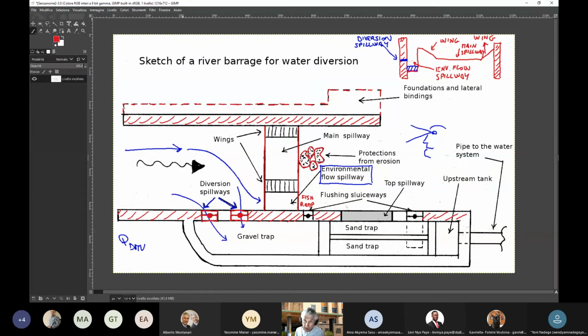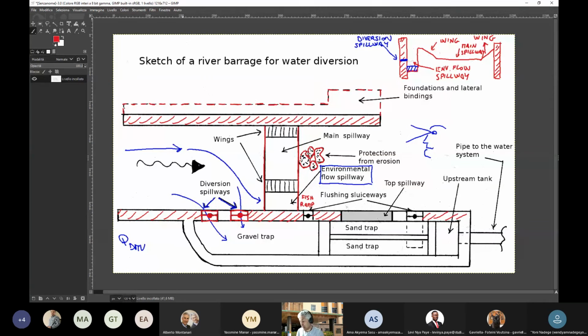So if you have a lot of sand, splitting the trap in two parts may be needed. If you just have gravel, one part is sufficient. It's the gravel trap. If you have gravel plus sand, it's much better to separate the trap in two parts, the gravel trap and the sand trap, okay?